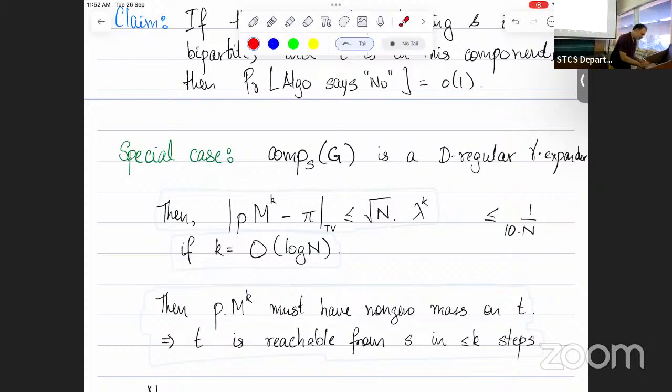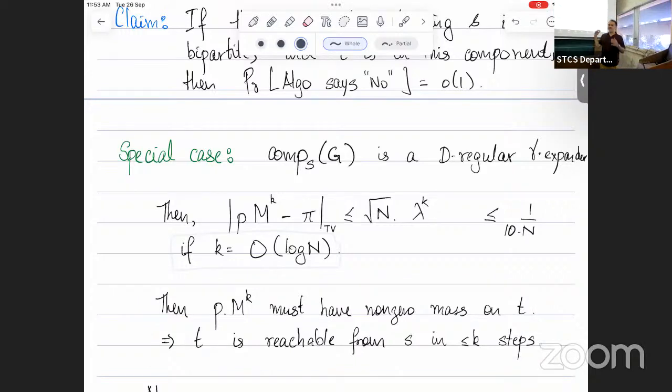The mass that the uniform distribution puts on t is like 1 over capital N. If p times M to the power k did not put anything on t at all, then the total variation distance would be at least 1 over N. But I've set it up such that it's at most 1 over 10. So it better be the case that it puts some mass on the vertex t, if t is in this component, which in other words is like saying that I know t is reachable in at most k steps.